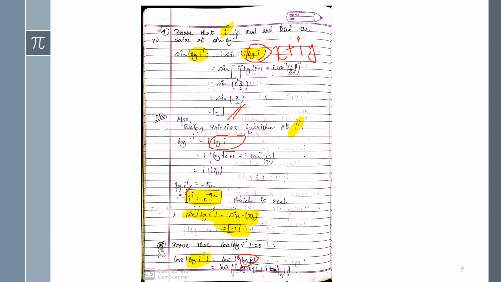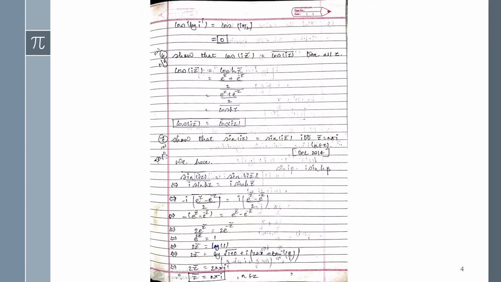As we have applied here also, the same formula you will apply here. After that, cos of log i raised to i will be cos of i pi by 2, and cos pi by 2, you know the value of this will be 0. So this one is a very easy example.